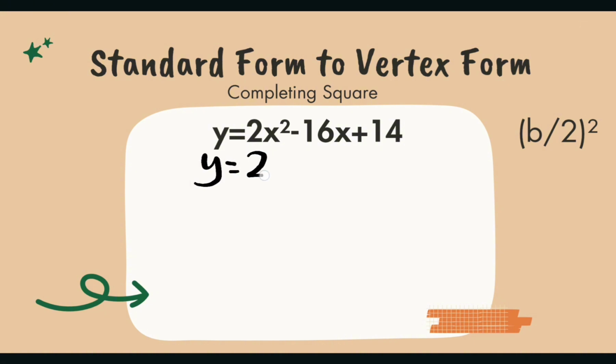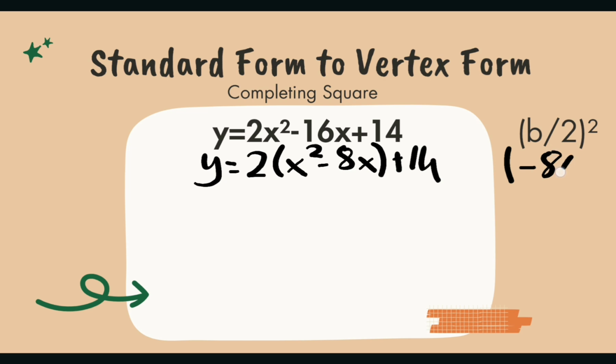y equals 2x squared minus 8x, and leave 14 out. Here we have a formula, (b divided by 2) squared, and b in here is minus 8. When we write it into the formula, it will be (minus 8 divided by 2) squared.